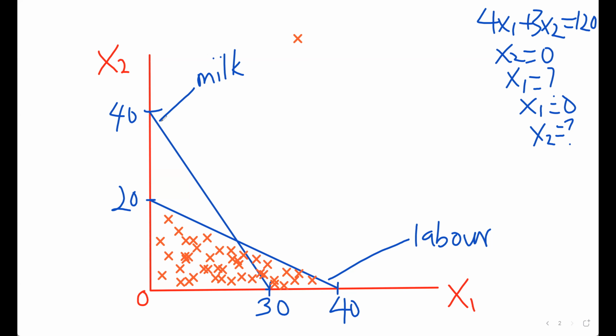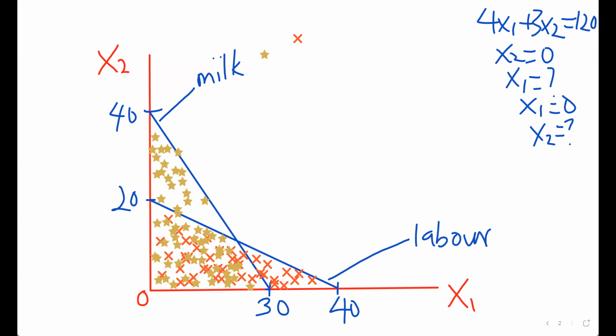Then the milk constraint area includes all of these areas, where I have to make sure that I do not go beyond this line. So you can see that there are some portions of the milk constraint that are not in the labor constraint, and there are some portions of the labor constraint that are not in the milk constraint.